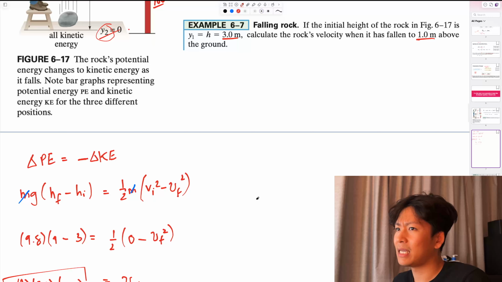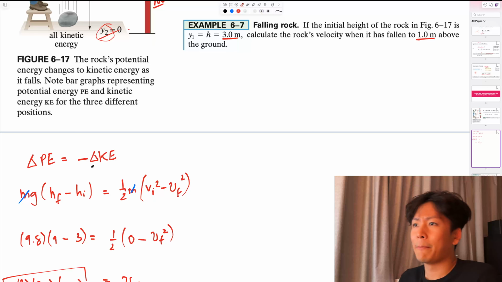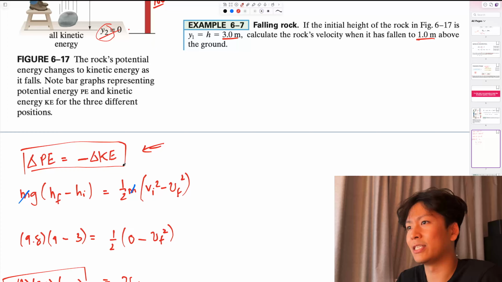The other thing I want to note is that oftentimes people are really horrible at keeping track of positives and negatives for this equation here, potential and kinetic energy. So I want you guys to be better than your textbook, which is a great example. Your textbook sucks at keeping track of positives and negatives for these kinds of equations.